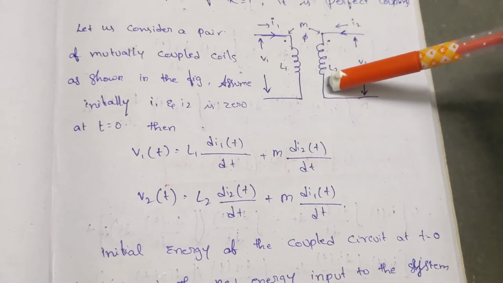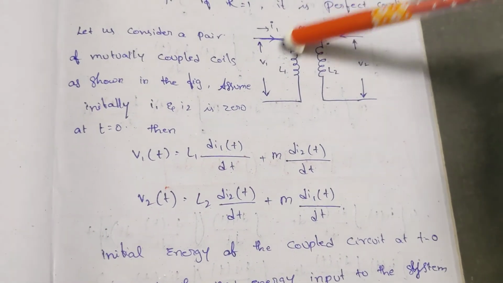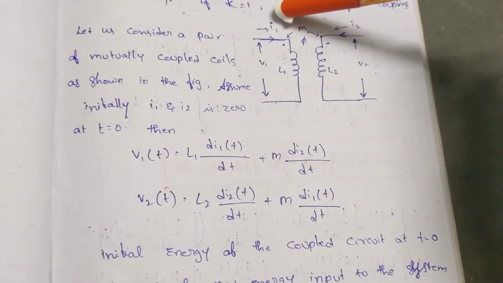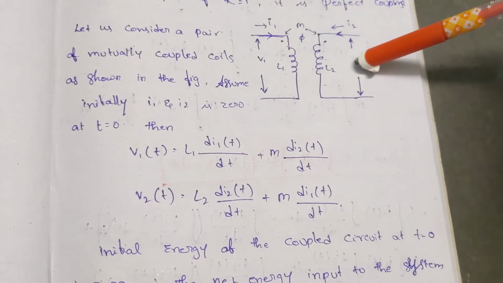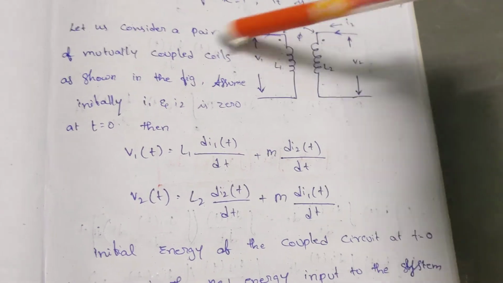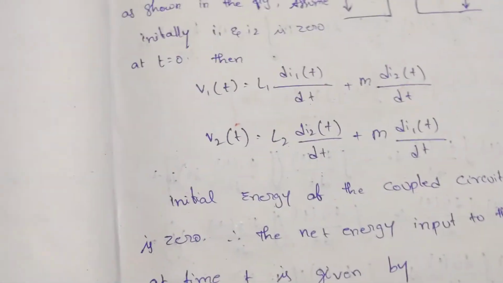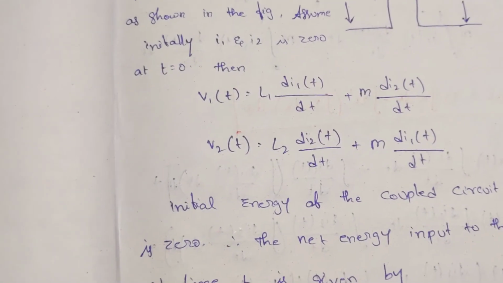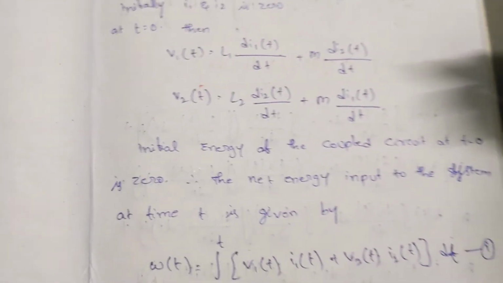When you go from one coil to the other, we go for the mutual inductance, responsible for the current in the first coil. Again the voltage develops. So this gives you the voltage equations for a magnetically coupled circuit. These are the voltages for the two coils.